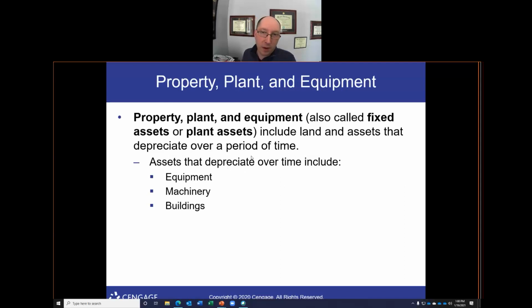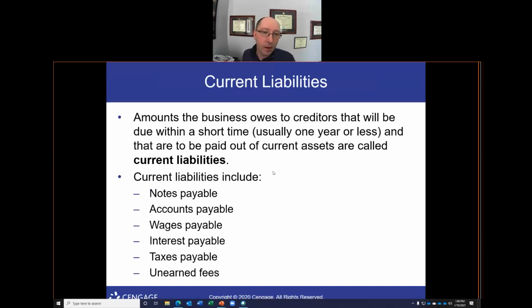Property, plant, and equipment. We talked about this a lot already. Property, plant, and equipment, we call those fixed assets. And they include equipment, machinery, buildings, and land. Current liabilities, these are bills that the company owes to someone else in 12 months or less.